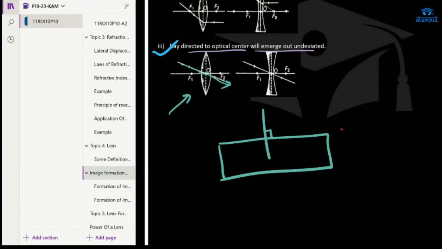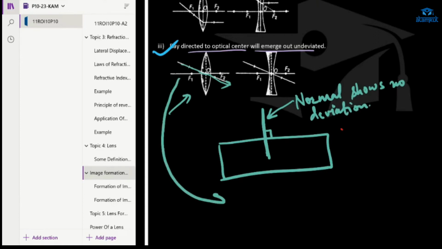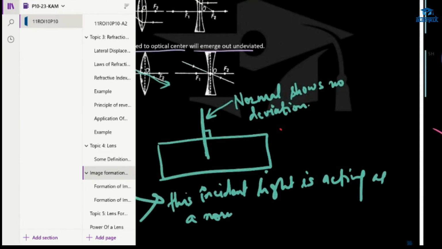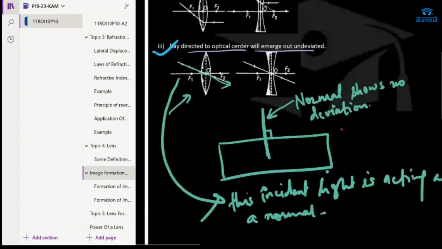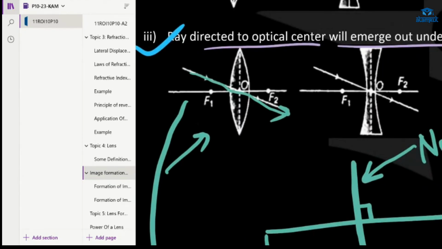And what does it do? Tell me. It just refracts along. It shows no deviation, right? Normal shows no deviation. This is why this is acting as a normal. This incident light is acting as a normal. That is why it's not getting deviated. It's just following the same path.